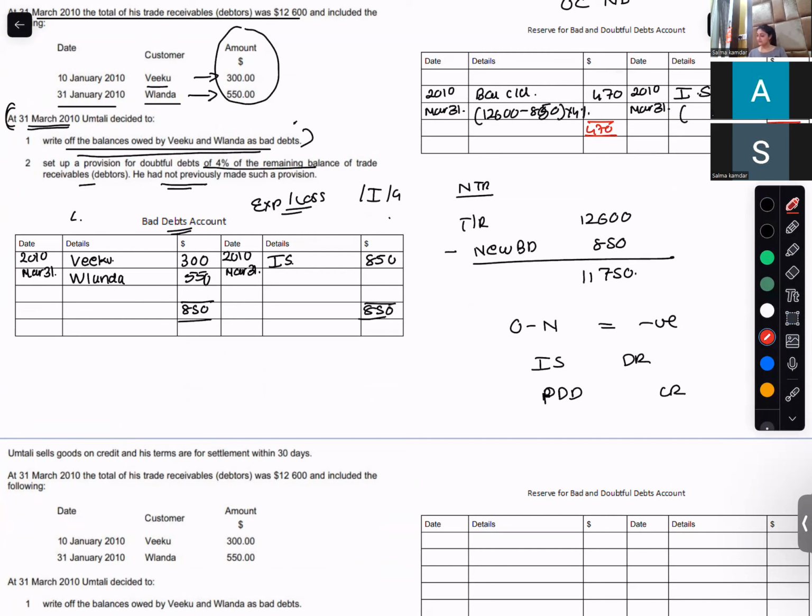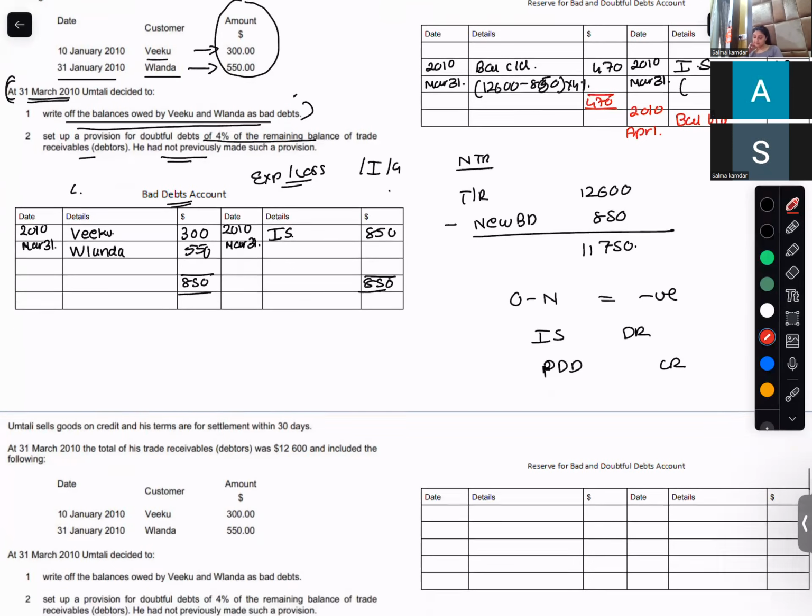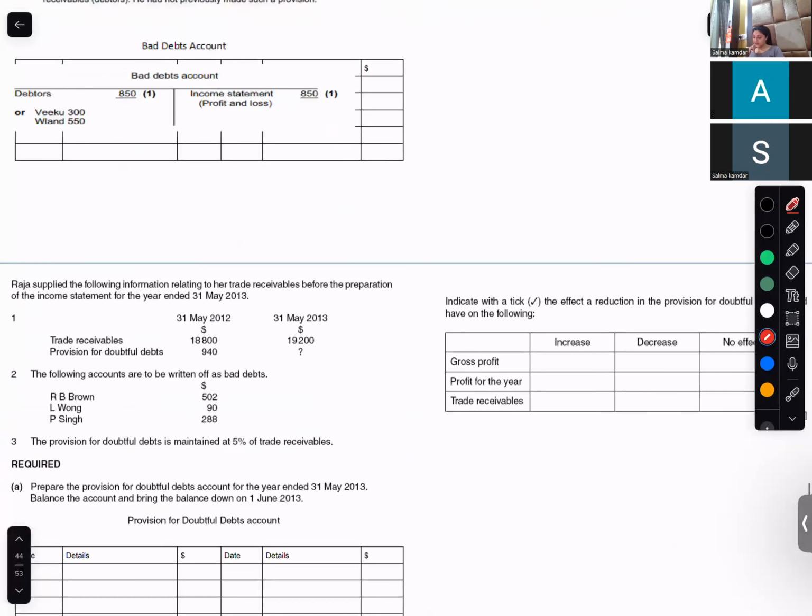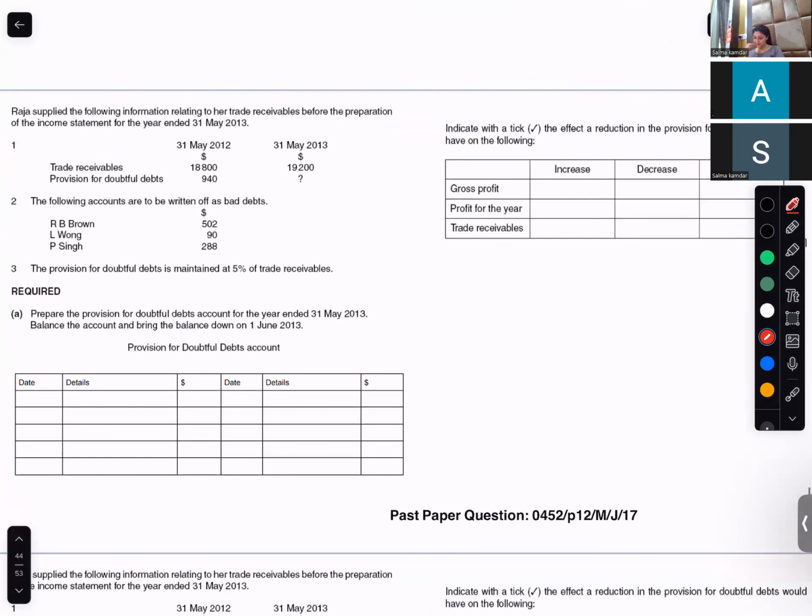And then we'll bring down the balance, 470. Date, 2010 April 1st. Done. So Umtali is done. Raja supplied the following.